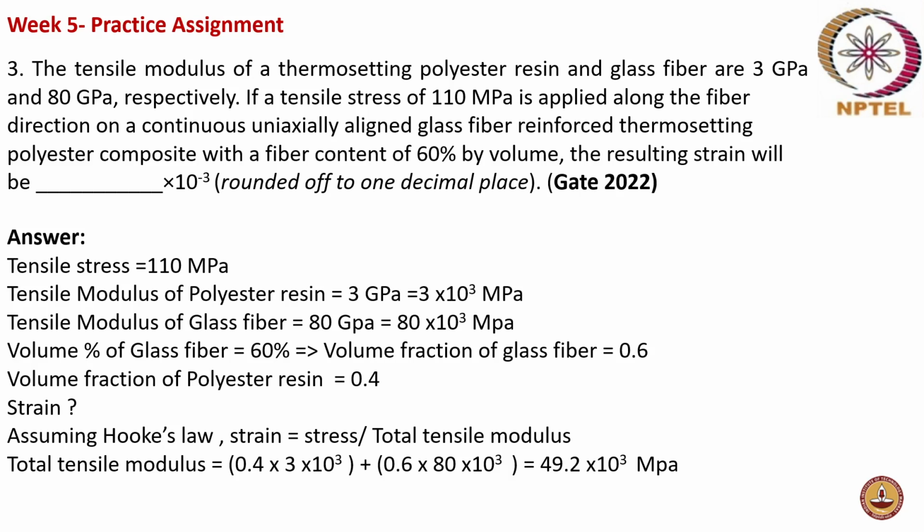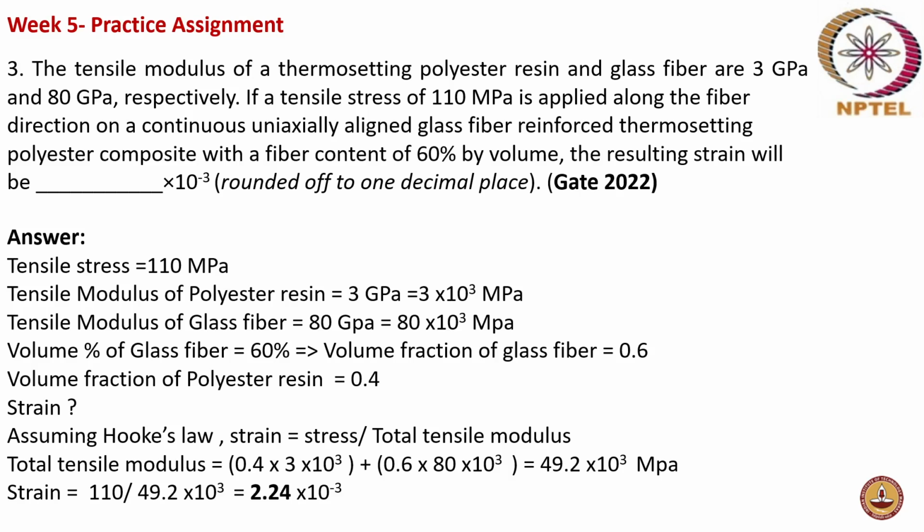Again, the tensile modulus of glass fiber is given, and then we have the volumetric percentage of glass fiber. So you can get the volume fraction of glass fiber and also the volume fraction of resin. Then assuming Hooke's law, strain is equal to stress by total tensile modulus.